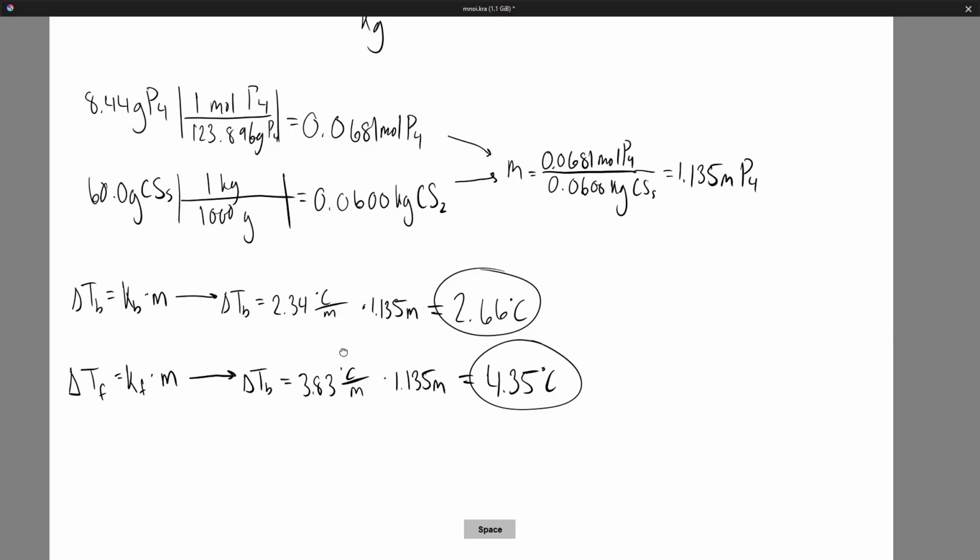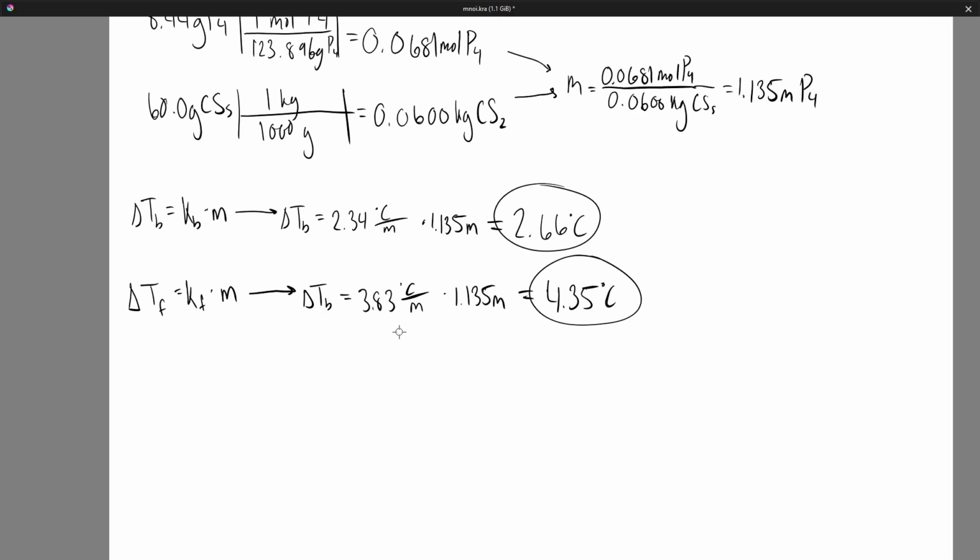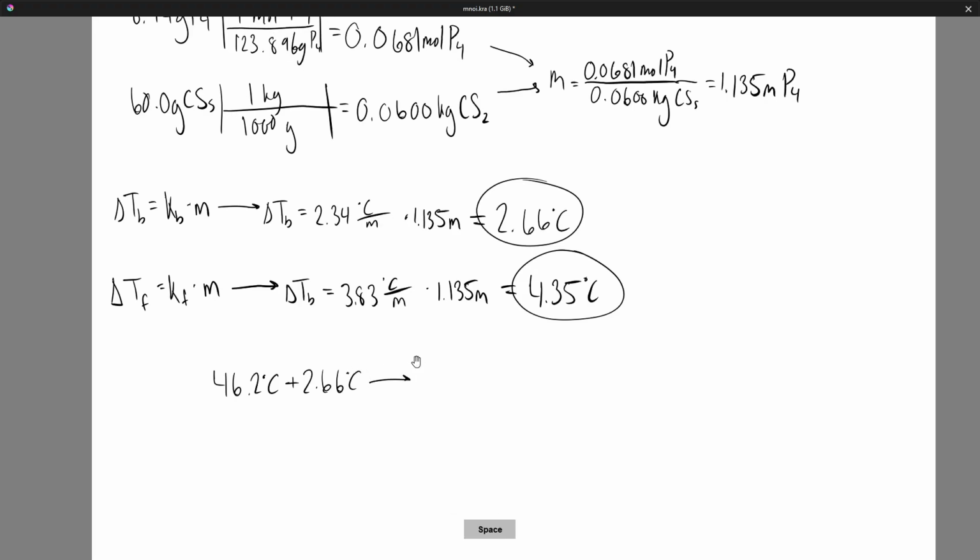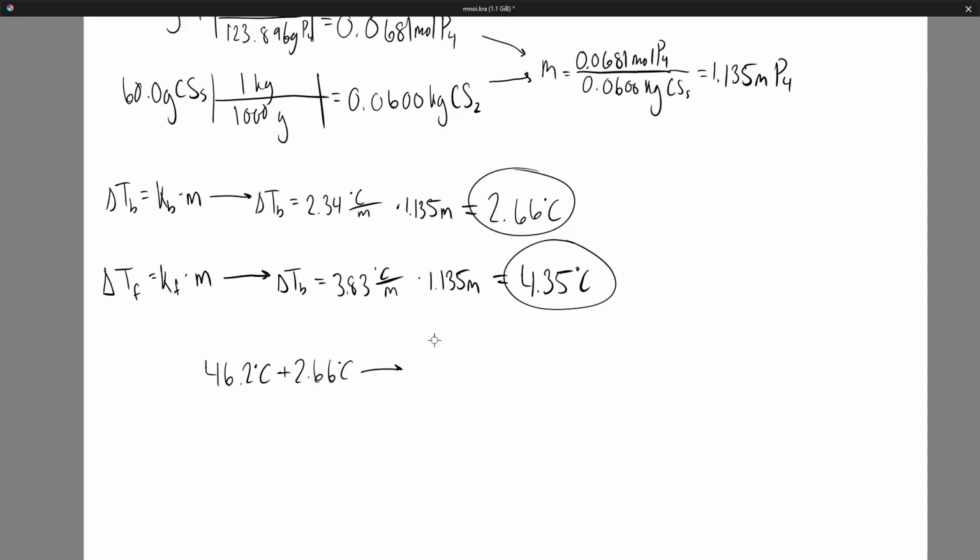So let's start off with the boiling point. The boiling point given to us was 46.2 degrees Celsius. So to this, we add what we calculated for the change in boiling point, since with colligative properties, in most cases, you're raising the boiling point and lowering the freezing point.